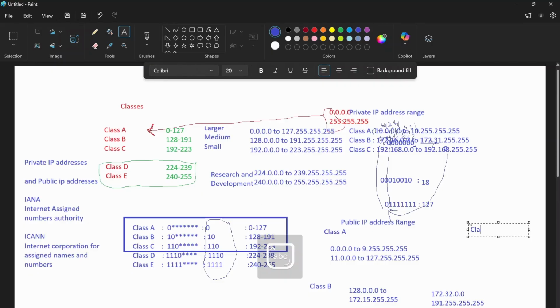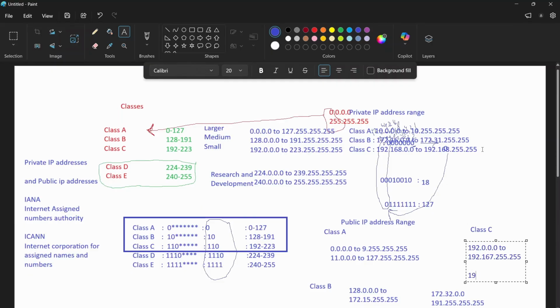Class C, the overall range starts from 192. The class C public range is 192.0.0.0 to 192.167.255.255. Then 192.168.0.0 to 192.168.255.255 is private, excluded.